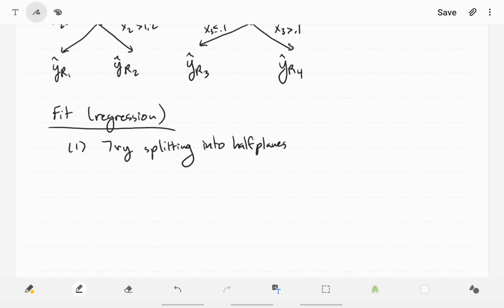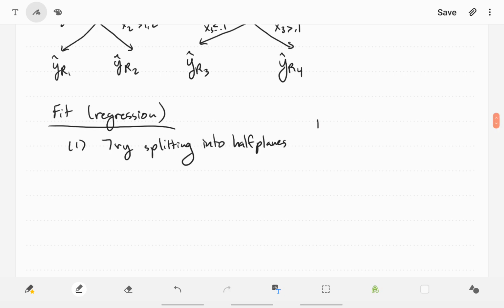And then let's denote the regions that we get when we make one of these splits R1(j,s) and R2(j,s), where j is the variable that we're splitting along, so the axis that we're splitting along, and s is the split itself, so it's the location.